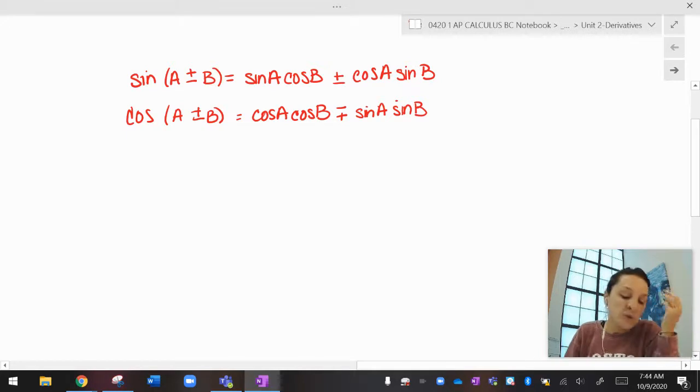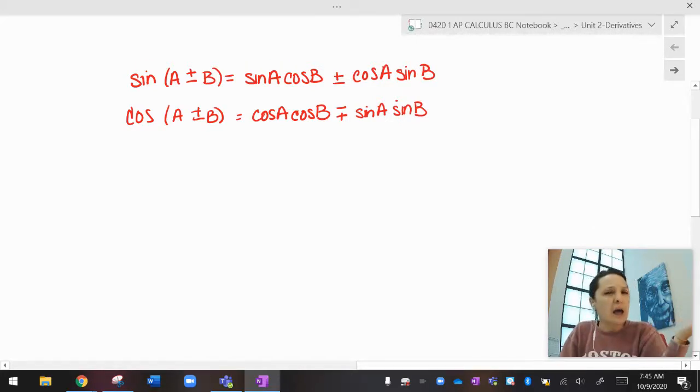What that really says is the sine of a plus b would be sine a cosine b plus cosine a sine b. If that was a minus, then there would be a minus over there. For cosine, when you're adding two angles, you can do the cosine of each angle minus the sine of each angle, or the reverse.